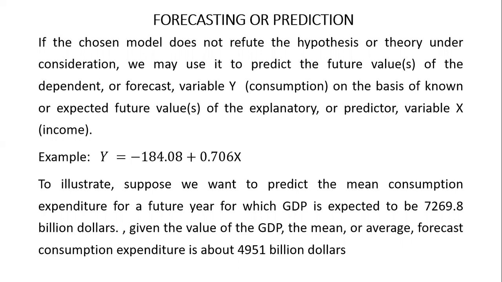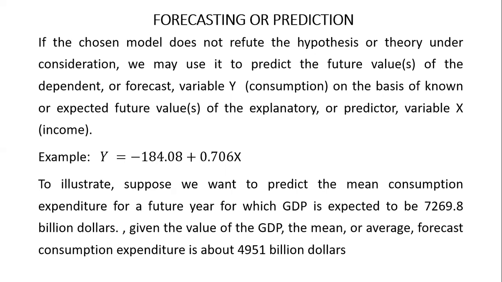Example, y is equal to 184.04 plus 0.706x. So to illustrate, suppose we want to predict the mean consumption expenditure for a future year for which GDP is expected to be $7,269.8 billion.